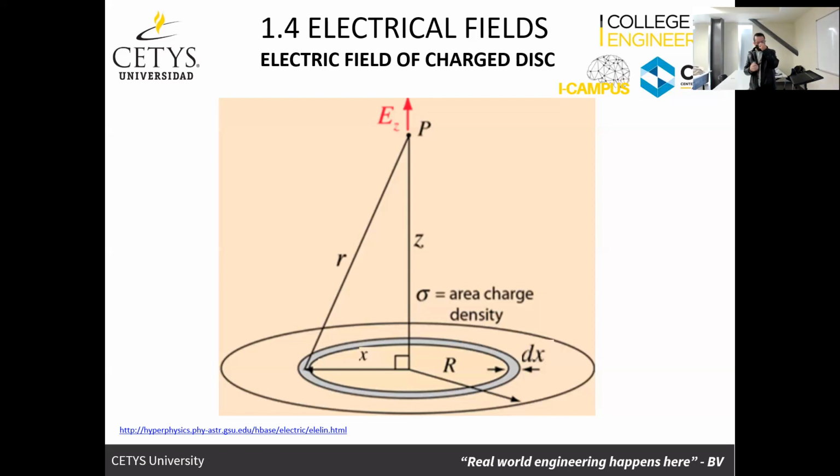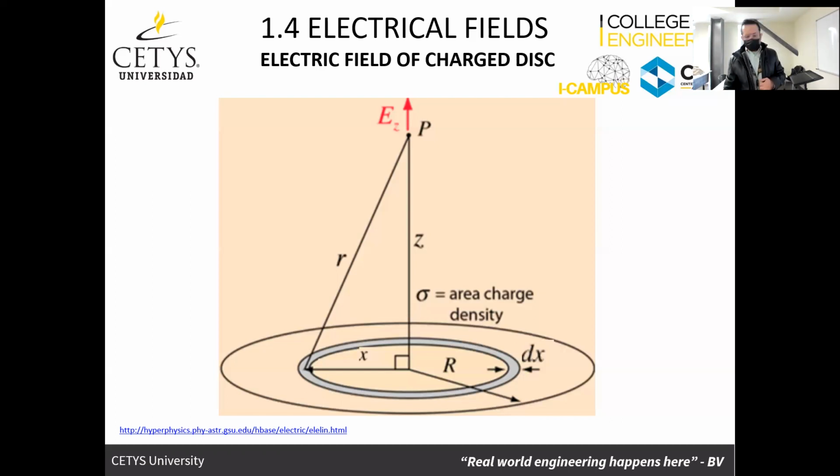So if we're working with electrical things in a disk, any sort of electrical or magnetic fields are going to be important to know. In this case, the electrical field of a disk is going to be important, the magnetic field as well.